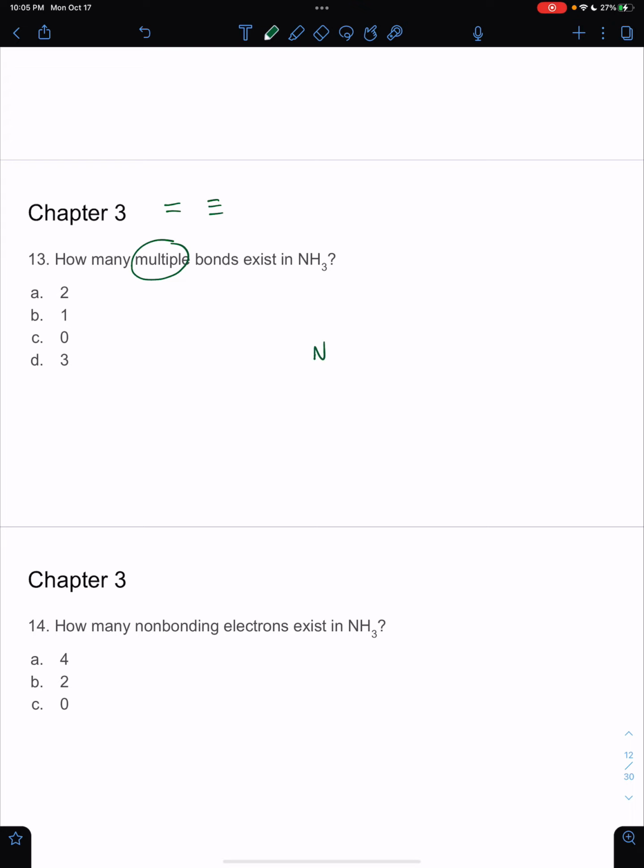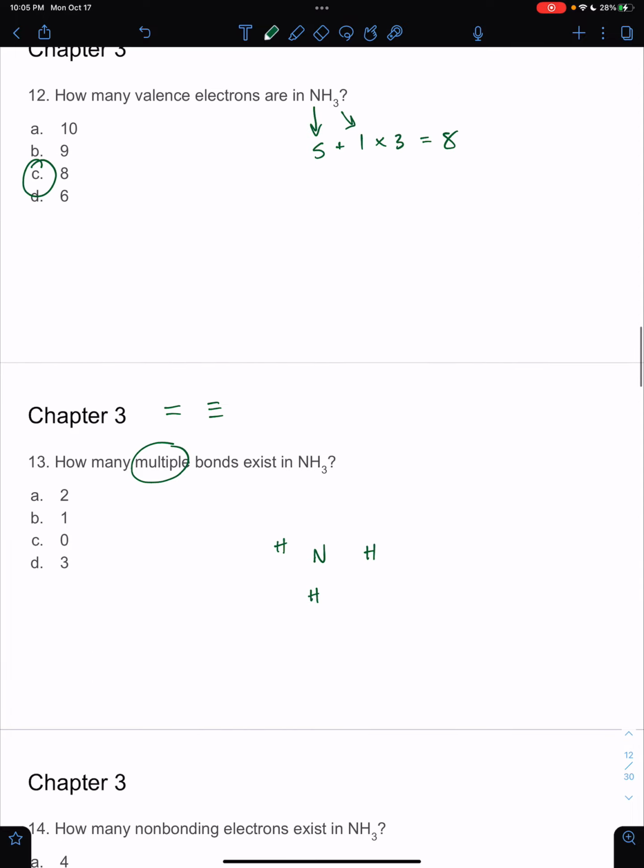It's going to be nitrogen, and then add the surrounding atoms. We just said that it has a total of 8 valence electrons.